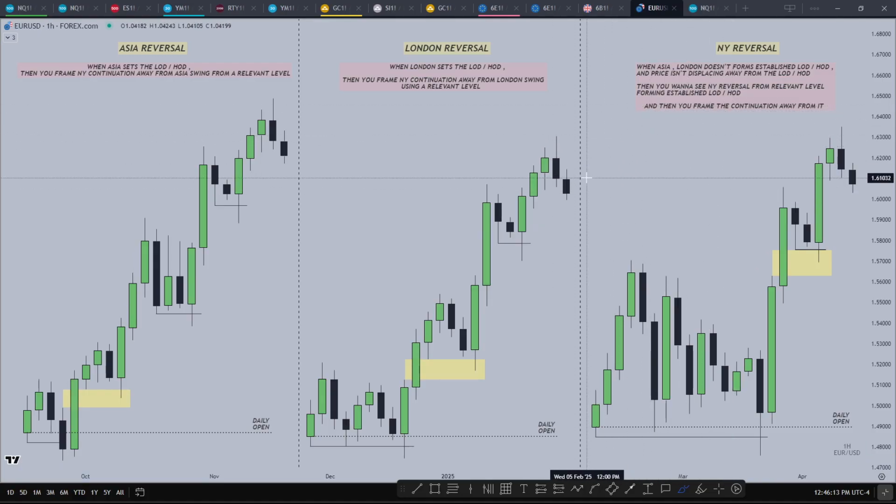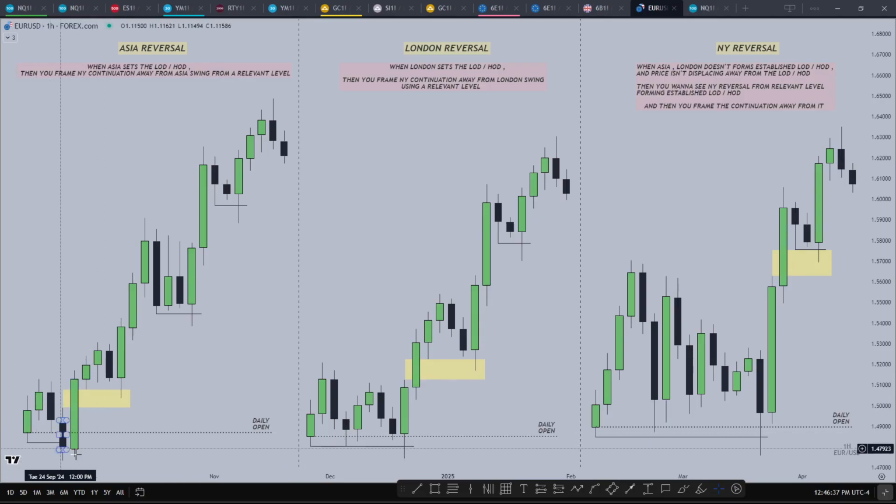I am taking it simply, the easy way, so that when I go into advanced, you people know the basics behind it. Okay, it is just like if London forms a reversal, London forms manipulation, New York continues. If London doesn't form a manipulation, Asia doesn't form, New York will manipulate, then distribute.